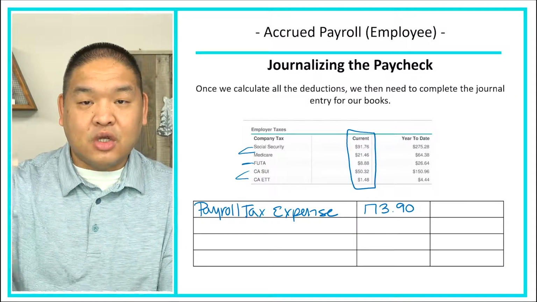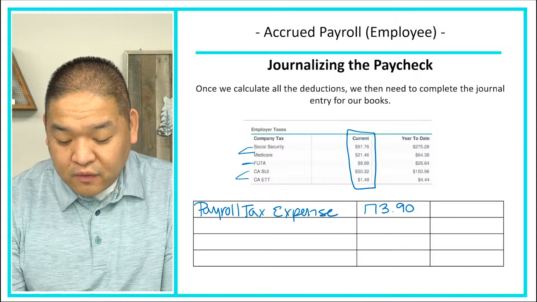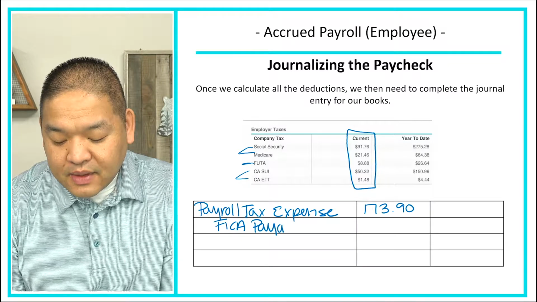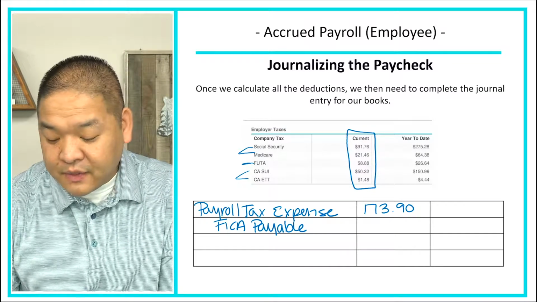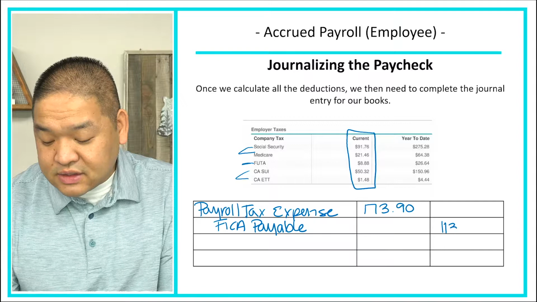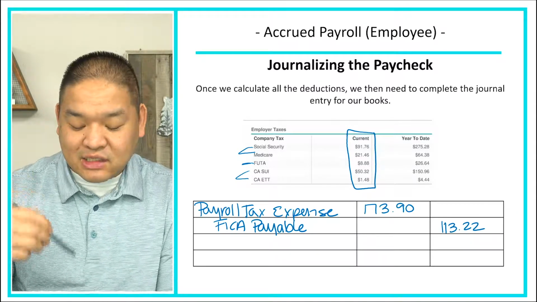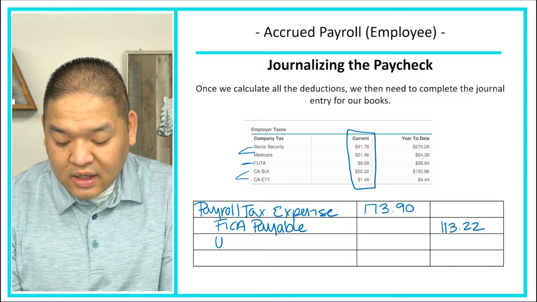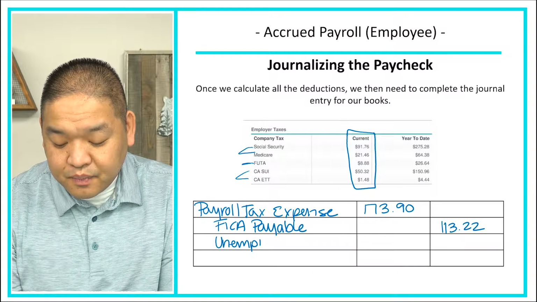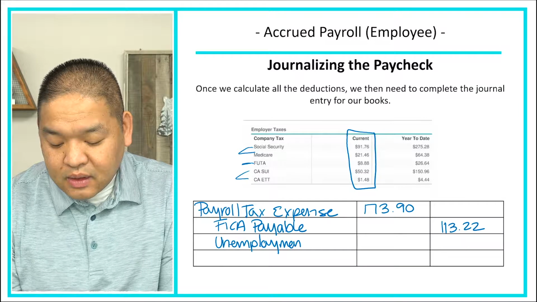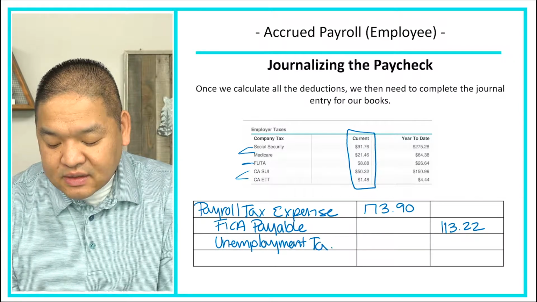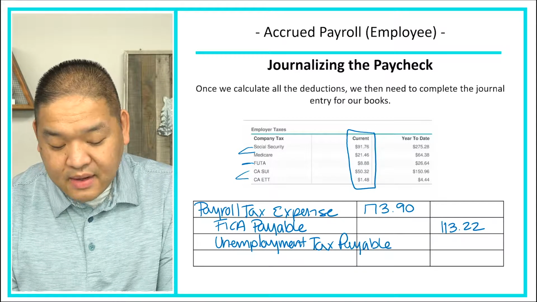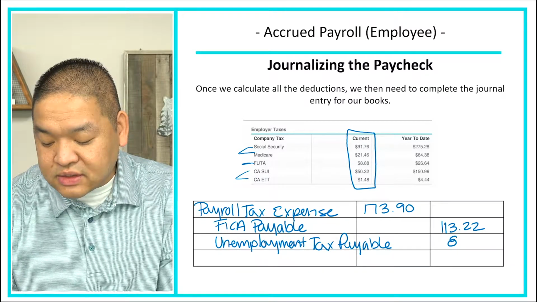As such, they are liabilities. Increases in liabilities are credits. So we're going to credit FICA payable, because we're going to owe it to the federal government, in the amount of $113.22. That's the addition of Social Security and Medicare. We also have unemployment tax payable, and that amounts to $8.88.